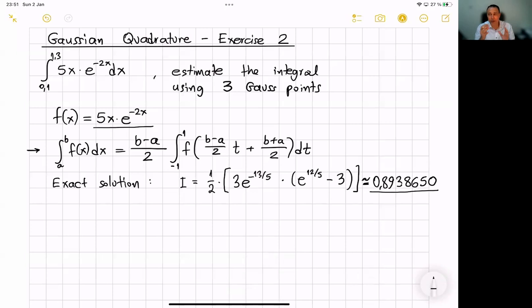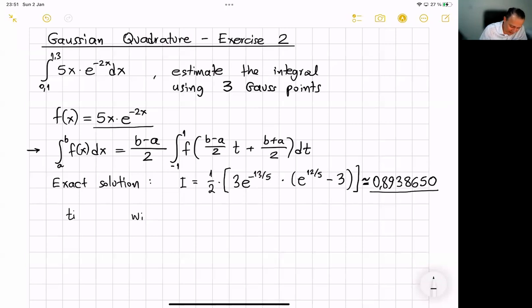First of all, we are going to use 3 Gauss points, which means that I need the values of Ti and Wi, where Ti are the values of my variable from -1 to 1, and W is the corresponding weight.